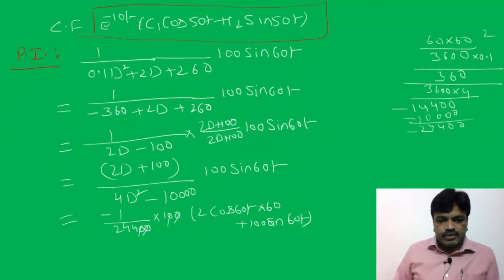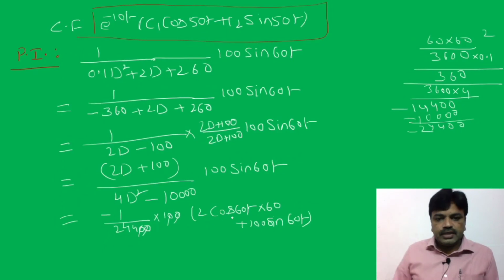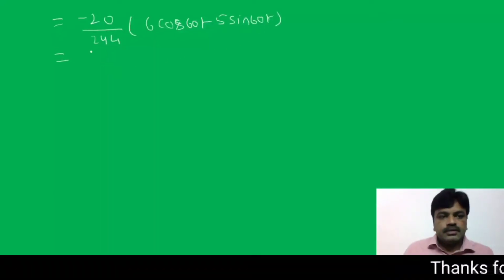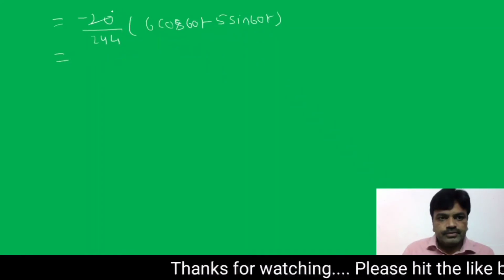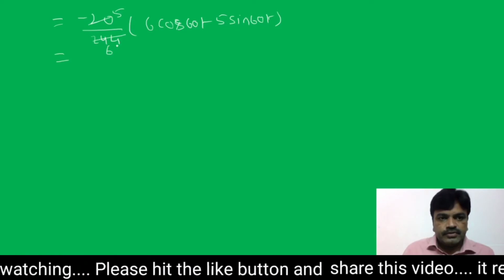Minus 20 by 244. 3 2s are 6, so 6 cos 60t, and then plus 5 sin 60t. Here 4 5s are 20, 61.